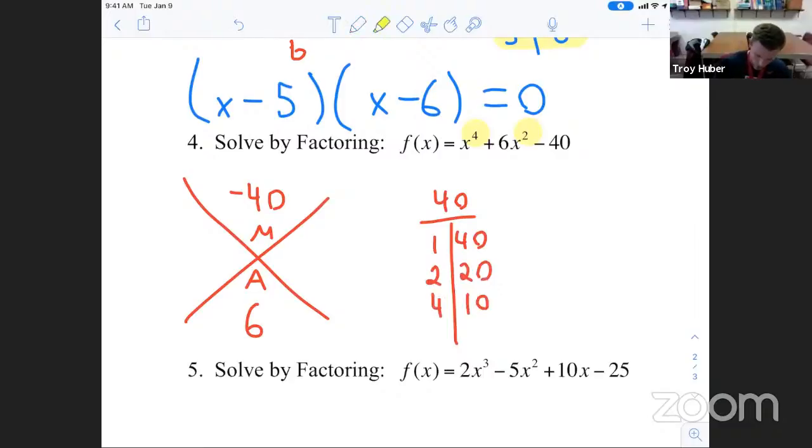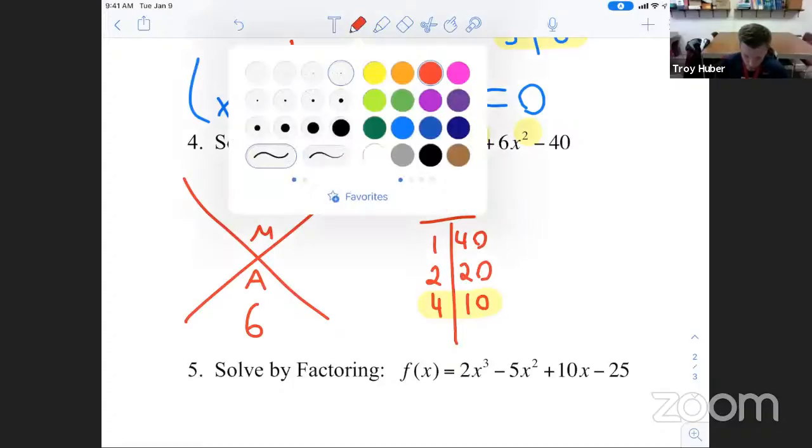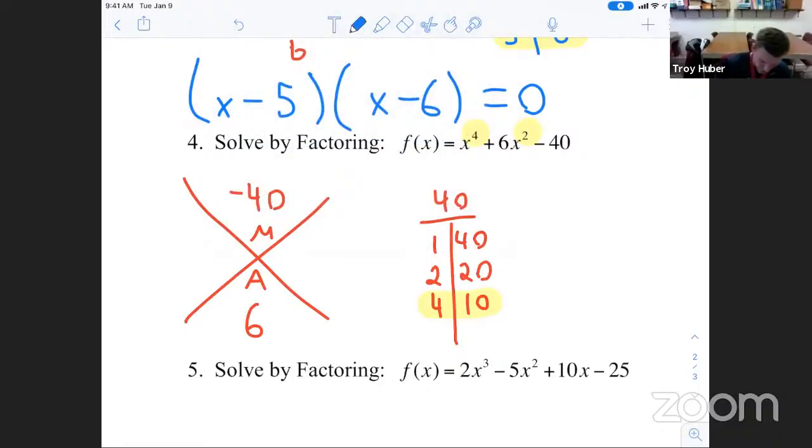Ooh, we could use 4 times 10, because if you subtract them, that would give you 6. All right, so let's put 10 and 4. Well, one of these has to be negative. Notice we want to add to a positive 6, so I'm going to make this 4 negative, because then it stays positive 6.